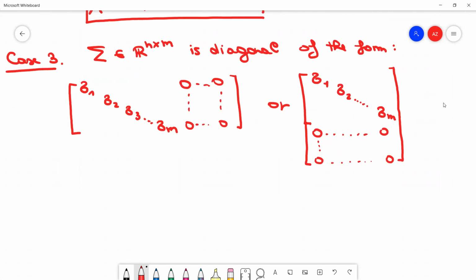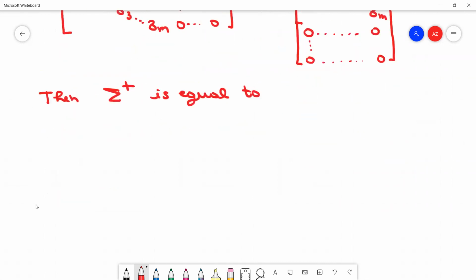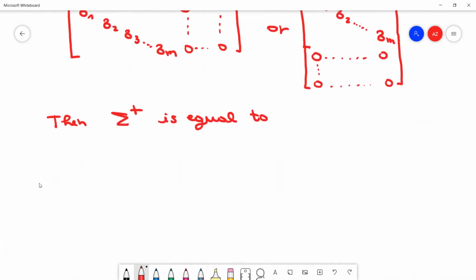And those matrices have really nice Moore-Penrose inverses. So it's what you would expect. So then sigma plus is equal to... So in the first case, sorry, just a little bit of delay of Zoom.